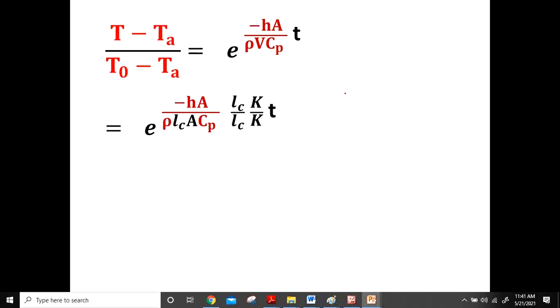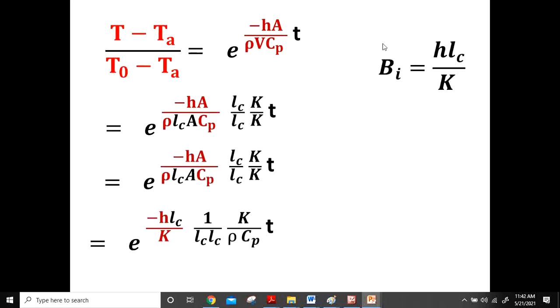Why? Because I know that the Biot number is equal to h Lc divided by k, and the Fourier number is equal to alpha t divided by Lc squared. Therefore, in this equation, I just split this into Lc into area divided by Lc divided by k and multiply k.